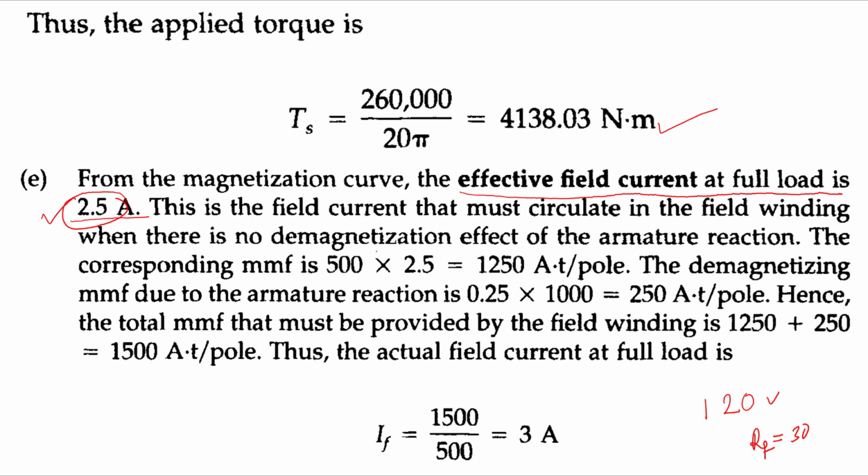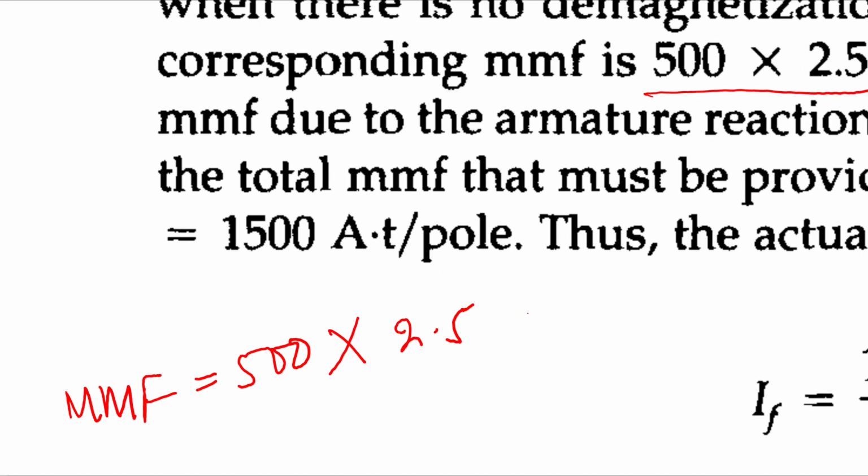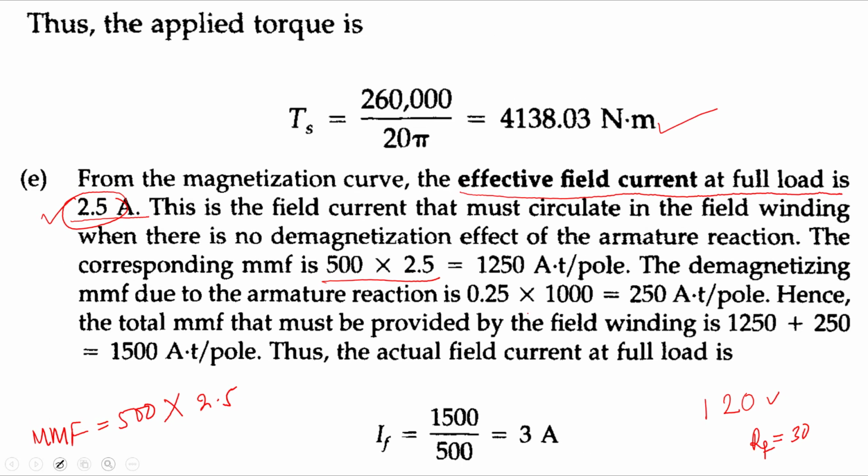And this will circulate in the field winding. So your effective MMF will be 500 into 2.5, that is 1250 ampere turn per pole, right? Now the demagnetizing MMF due to the armature reaction is 25% of the full load current. Your full load current is 1000.